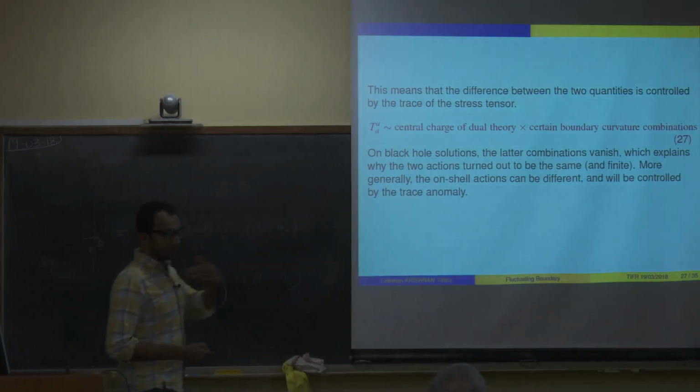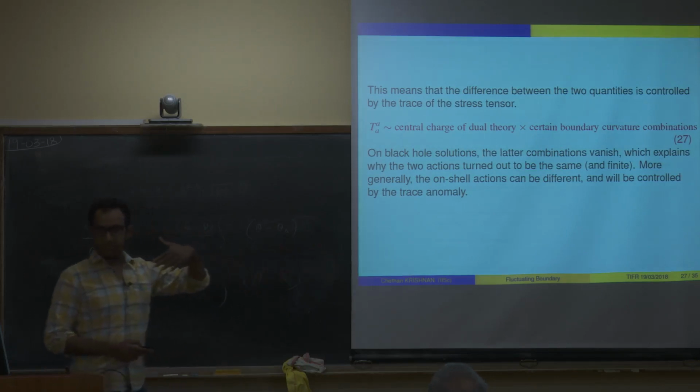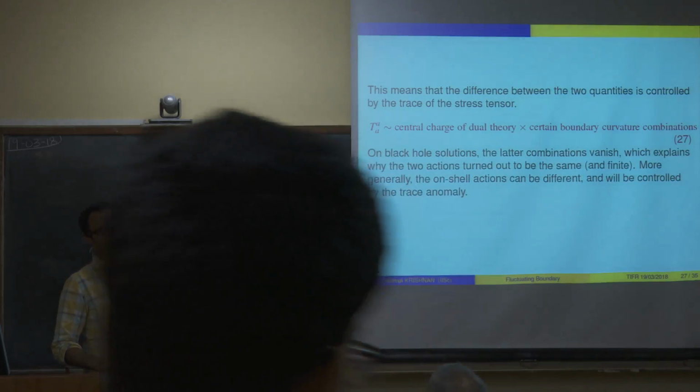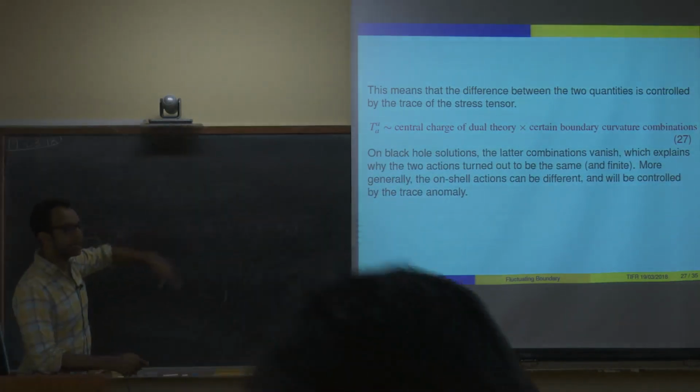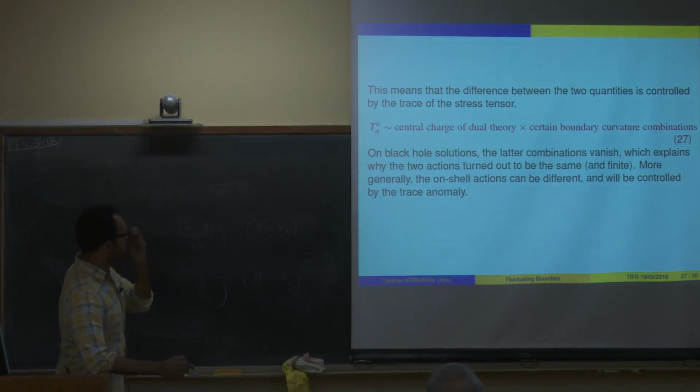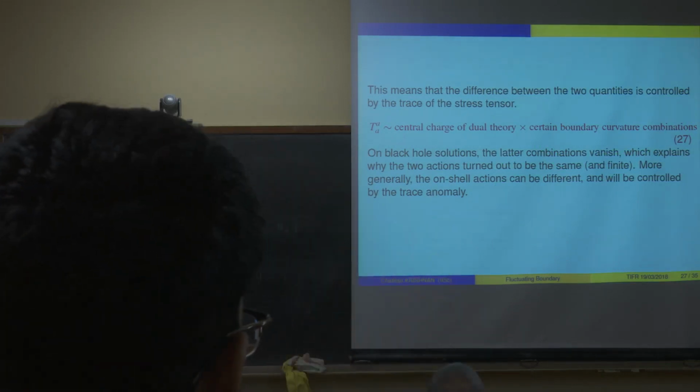On the black hole solutions that one typically considers, spherically symmetric or the standard Kerr-AdS solutions, you can check that these things die out. So that's basically the reason why we are finding the match.